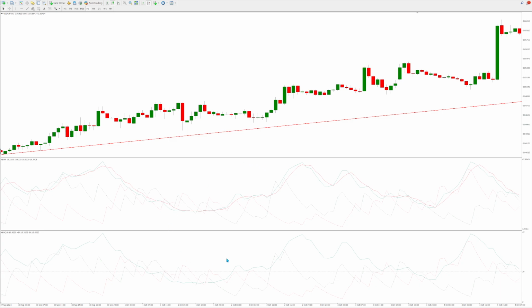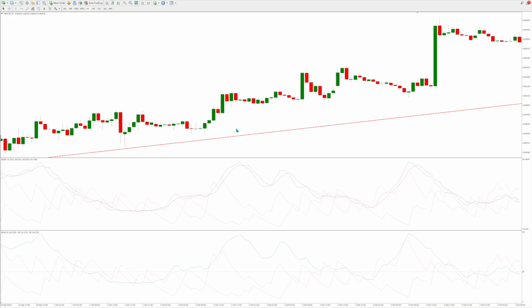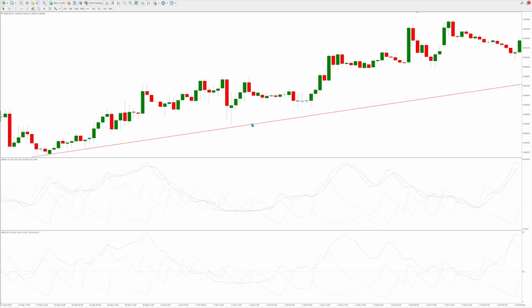Same applies to the standard ADX here. The momentum line is low, no momentum, ranging or consolidated market. As it increases, the momentum increases, the price, the trend continues. That's the same for an uptrend.